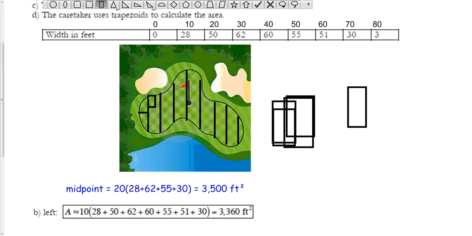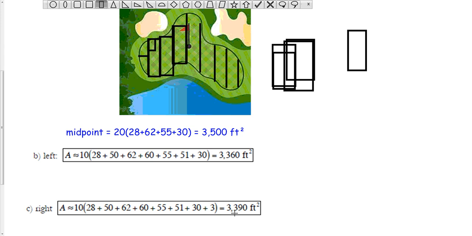My next one is going to use a height of 28 and a width of 10. The next one is going to use a height of 50 and a width of 10. The next one is going to use a height of 62 and a width of 10. And here you see that calculation, 3,360 square feet. And then we'll go on.